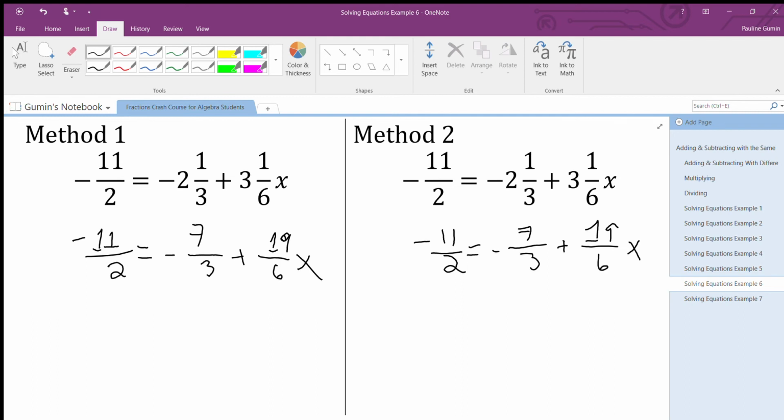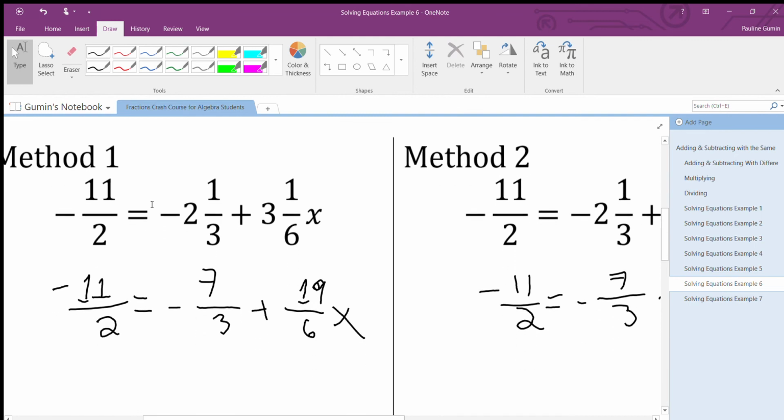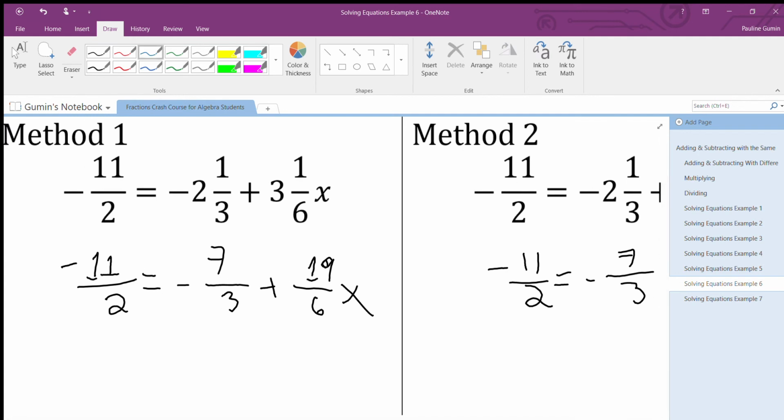All right. I'm going to start this off with method 1. Once again, we're going to find a common denominator. Now, if you look at the denominators we have, the 2, the 3, and the 6, whoopsie daisies, we can turn the 2 and the 3 into a 6 by multiplying the 2 by 3, and the 3 by 2.